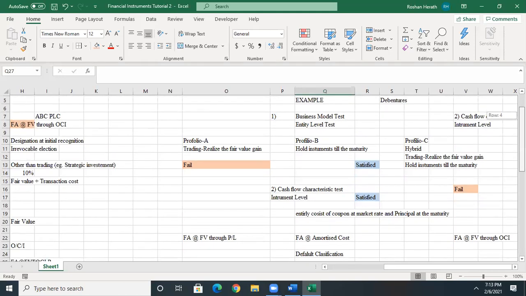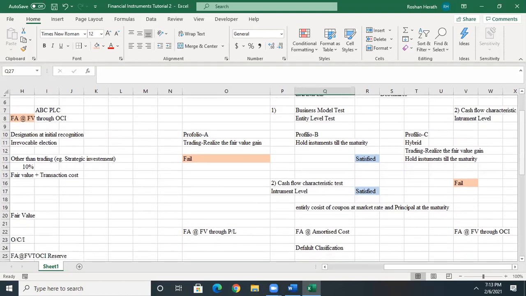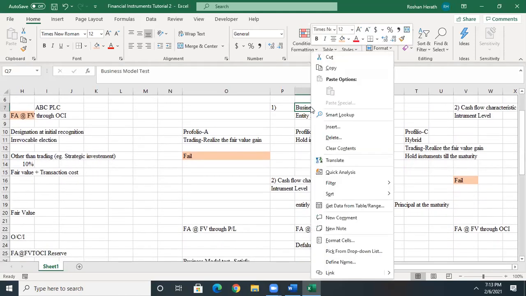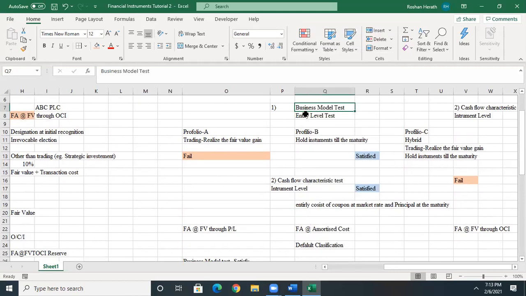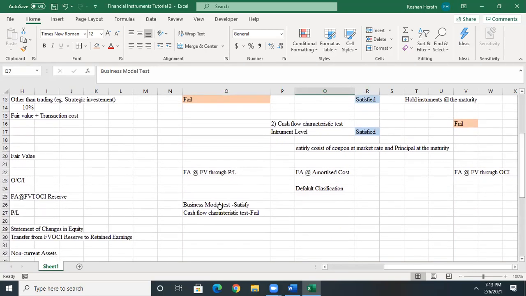What do you think about the business model test? You carry that instrument till maturity, because if you take the option of conversion, the conversion is possible at maturity. Hence, you have to hold this instrument till its maturity. Therefore, the first test gets satisfied.